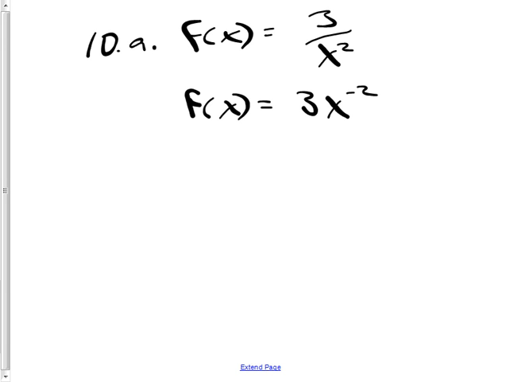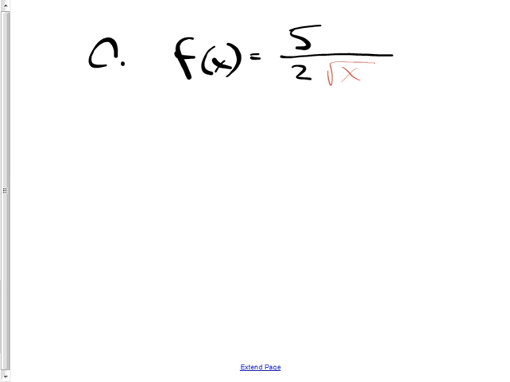So like on letter C, got a lot of questions on that one. It says f of x is 5 over the square root of x. Remember this kind? What was I saying that you should do with that 5 over 2? You should make it 5 halves. Remember, that 2 is not on the bottom and you don't move it up to the top. That's a 5 halves. And the thing that needs to be moved is this part. Do you remember what the square root of x is?